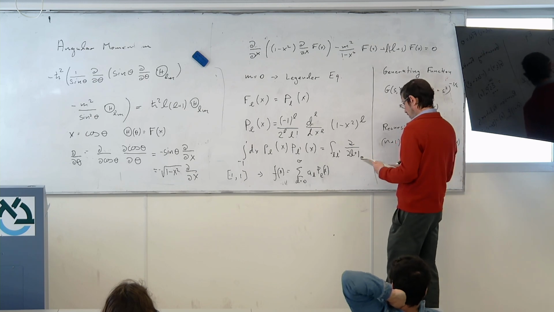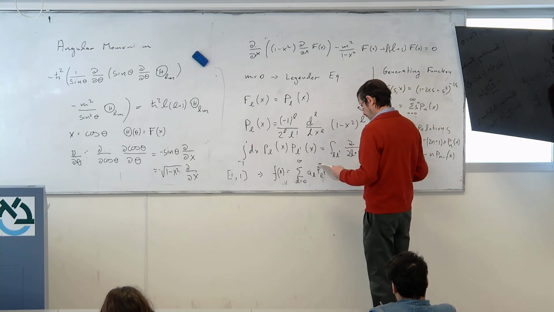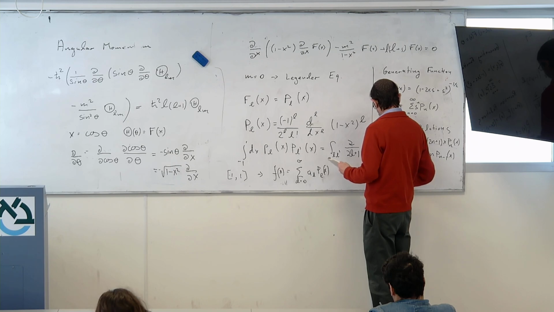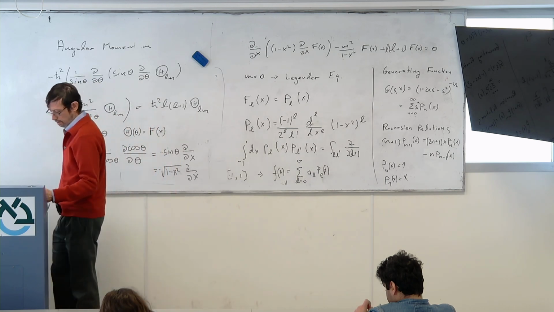So if you know the first two Legendre polynomials, you can find out all the rest, and that P0 of x is 1, P1 of x is x, so you can go and create the whole list.